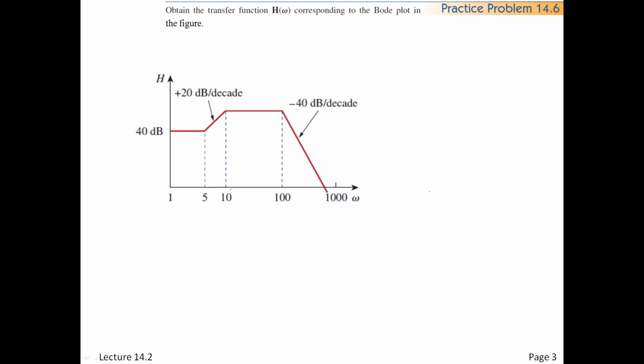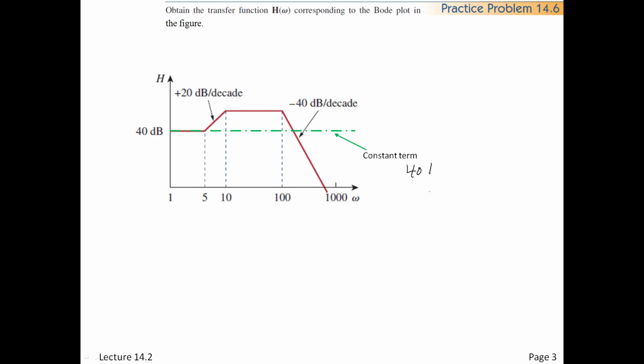Take this apart a piece at a time. At each breakpoint, what causes that action? So let's look at the first term. The green line shows this all begins at low frequency at 40 dB. And that's going to represent a constant term. So what is that constant term the result of?